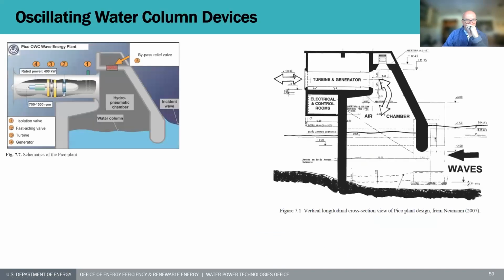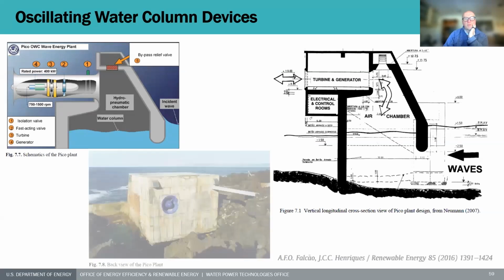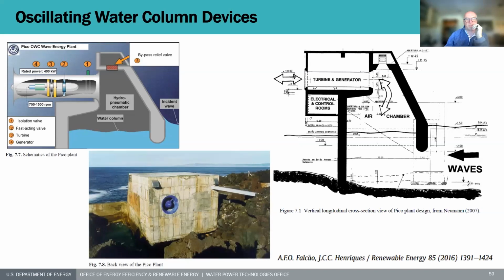There are lots more oscillating water columns around the place. This was an early test center in Pico in the Azores, so in the middle of the ocean. Here's what it looks like. Again, an oscillating water column is mentioned, sketch on the left, and the actual design drawings on the right.